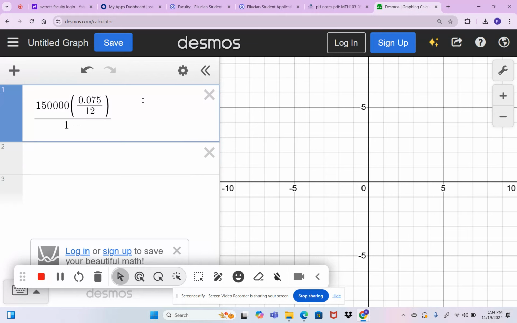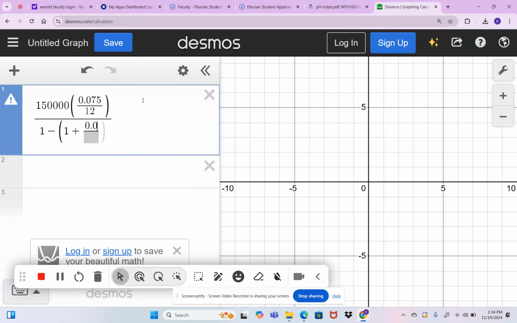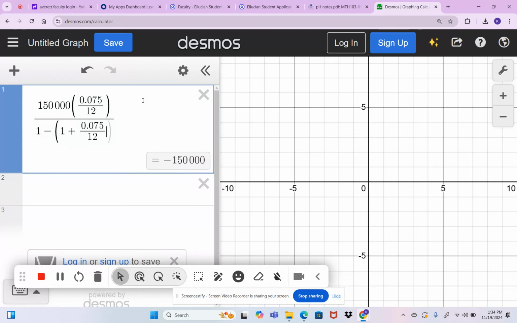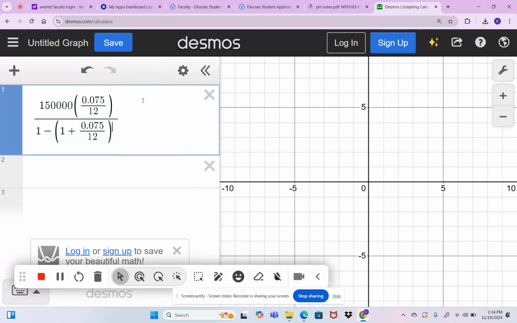Because you want to make sure you keep the parentheses in the right places. I make a big deal about this because I see people each year put parentheses in the wrong places or just not put parentheses, and then we don't get the right answer.